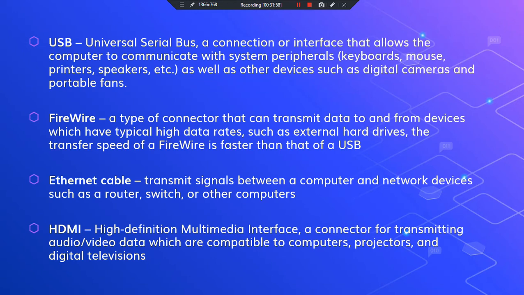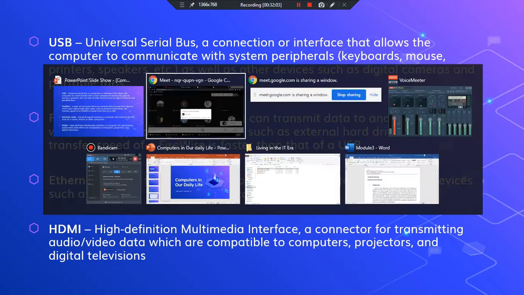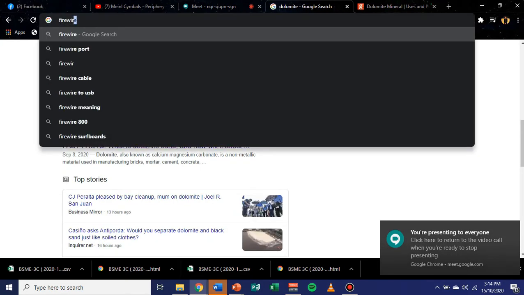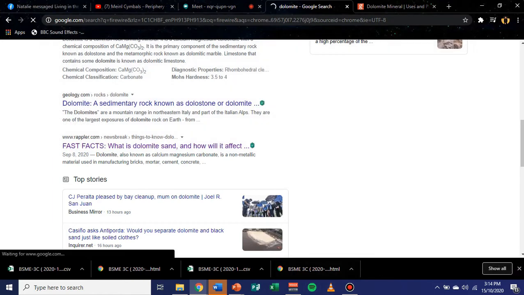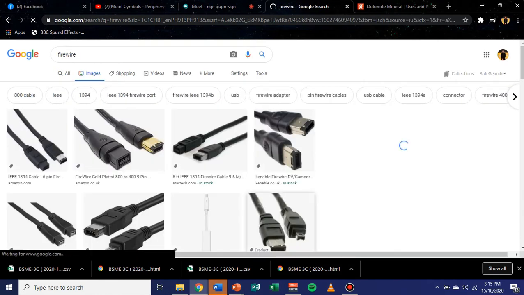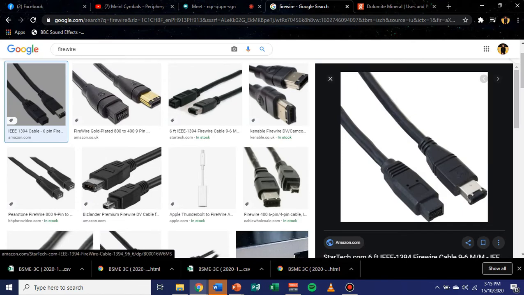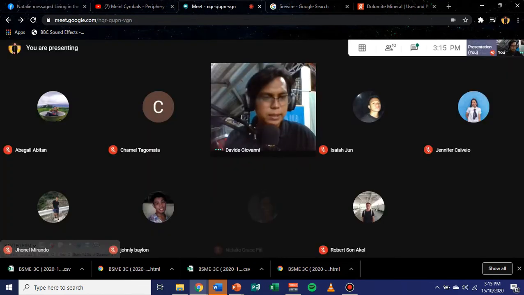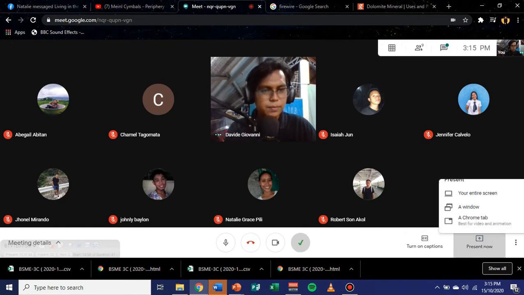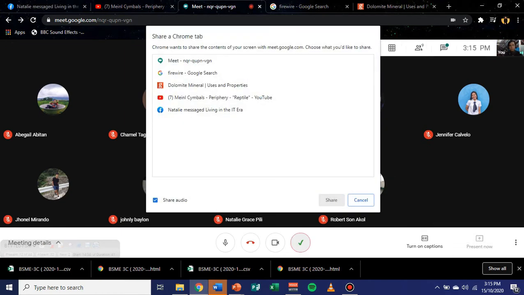Hanap ko yung picture ng FireWire. Para mas dapat pala nilagyan ko to ng picture. Sorry ha, nakalimutan ko lagyan ng pictures. So, let me direct your attention to Chrome tab.